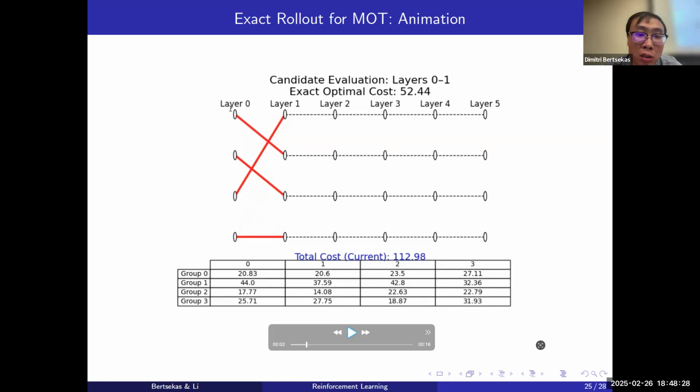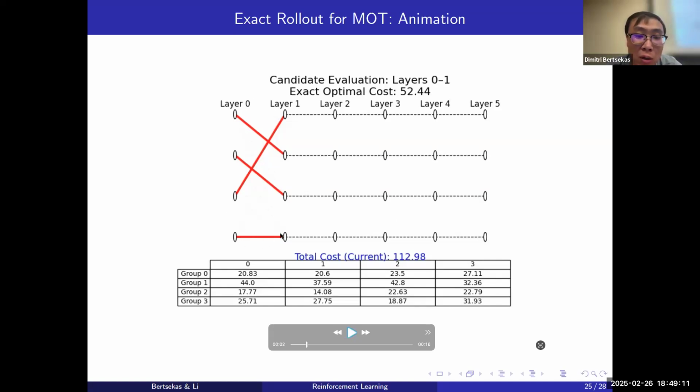So the cost of this arc is the cost of this grouping, and the remaining portion of the grouping is constructed by the base policy. Similarly, the cost of this arc is the cost of this grouping, and that is given here, right? 17. And similarly, all the arc costs can be constructed by relying on the remaining portions produced by the base policy.